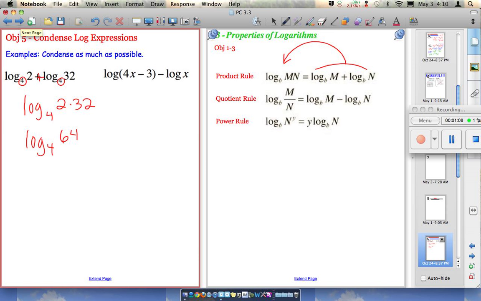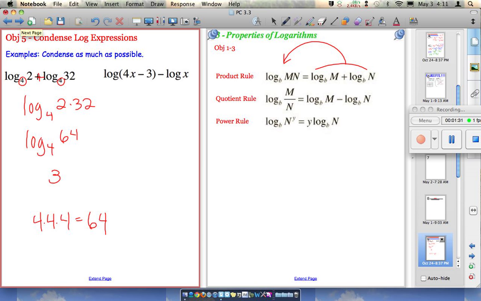Log base 4 of 64 is, in fact, 4 to the third power. So this is actually just 3, because 4 times 4 times 4 equals 64. So that's condensing and why it is helpful to us.